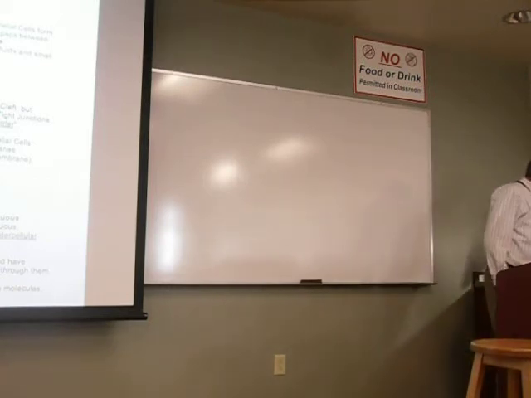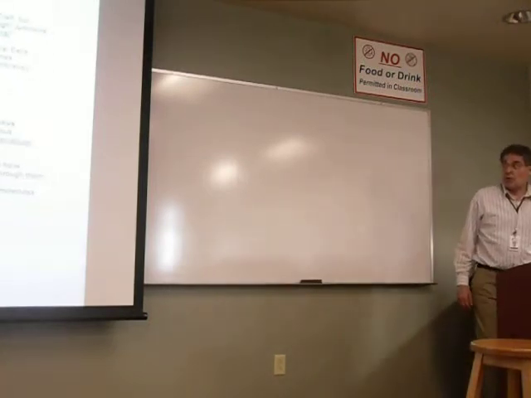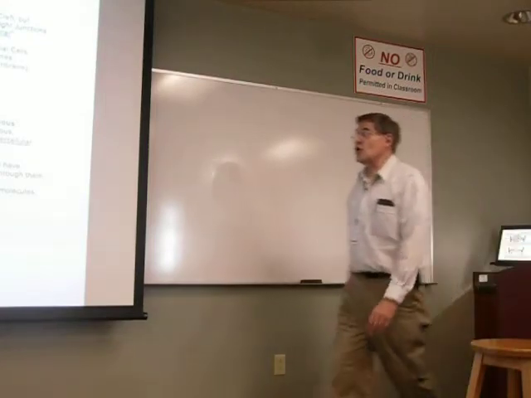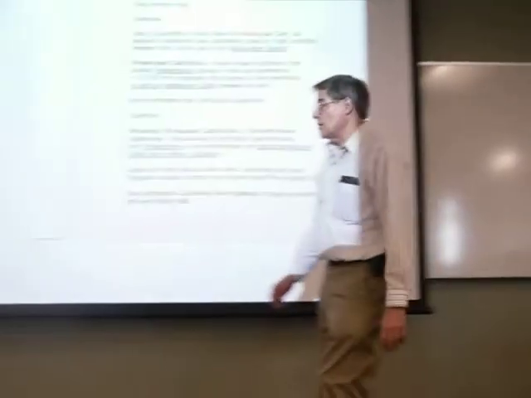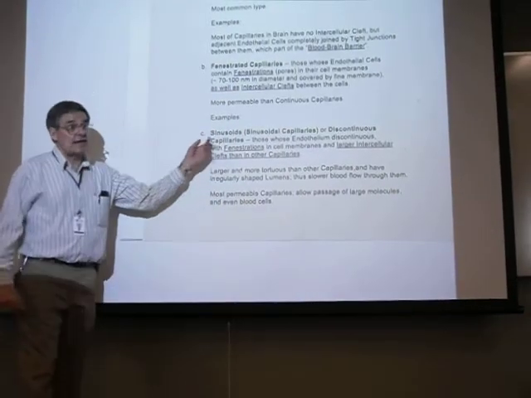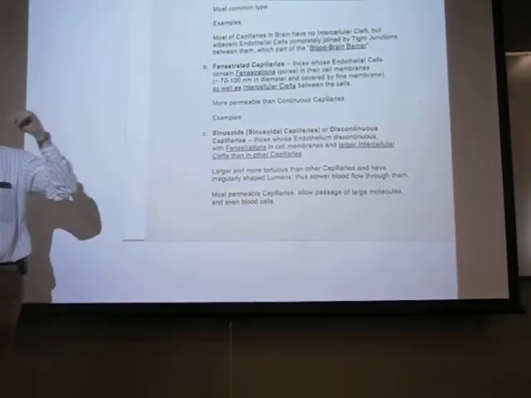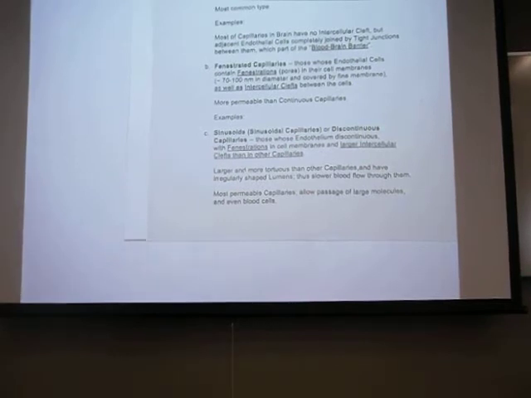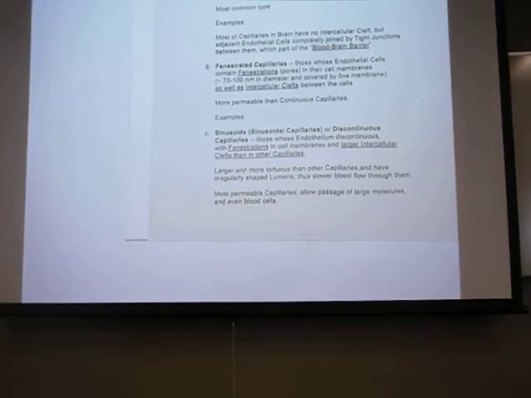Okay, the third type of capillary is the most permeable or porous of all. These are called sinusoids or sinusoidal capillaries, or if you prefer, discontinuous capillaries. Remember when we talked about the spleen, and you look at the red pulp of the spleen, what are those cavities called in which the blood percolates?